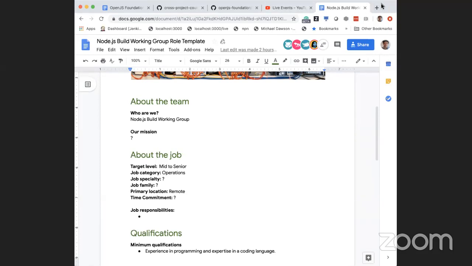Yep. Some context on this. I took an internal job posting that we had for a role at Google. I removed all of the things that were specific to that role.